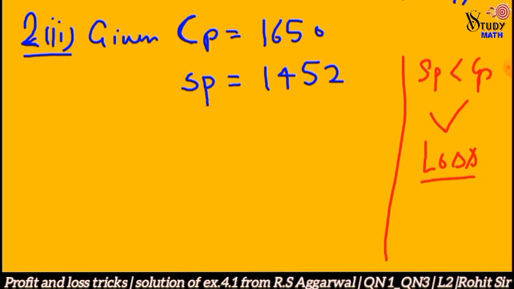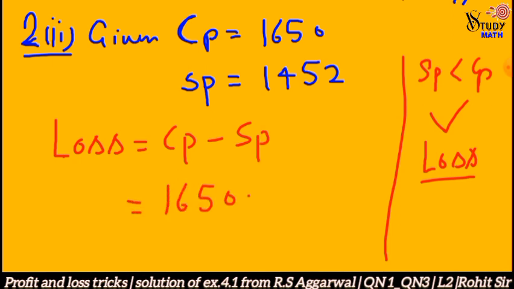Now find loss first. The formula of loss is CP minus SP. CP is 1650, SP is 1452. Now subtract them: 1650 minus 1452. After subtracting, we have 198.